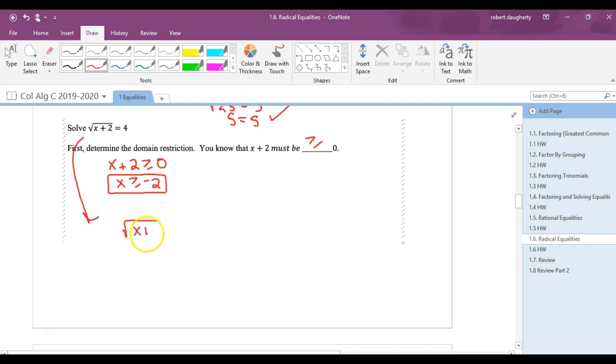I just square both sides. And I get x plus 2 equal what? 16. Therefore, x is equal to what? 14, which is a number greater than or equal to negative 2. So I'm good to go there.